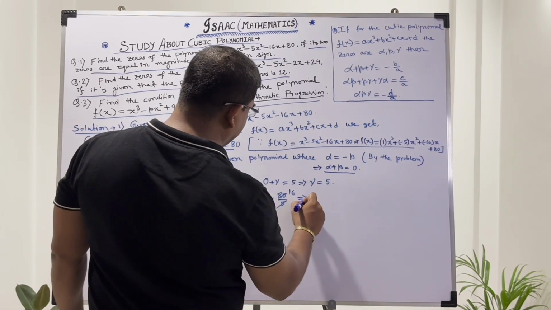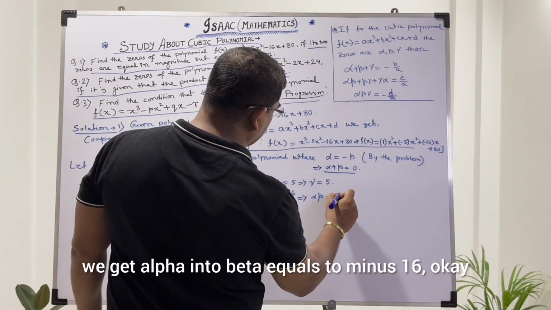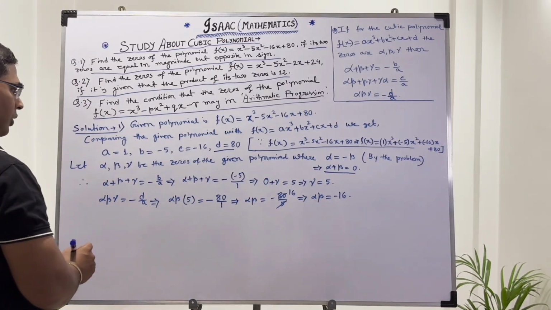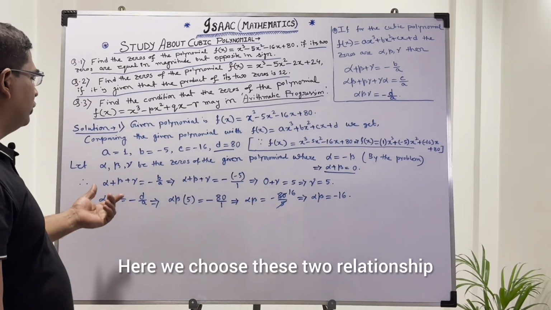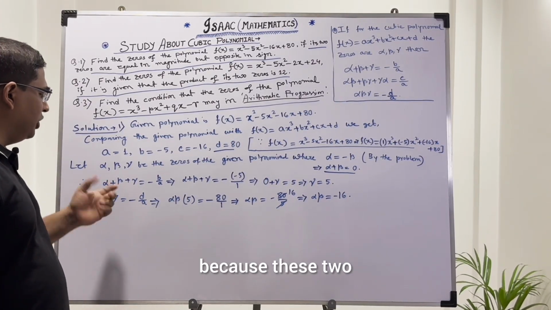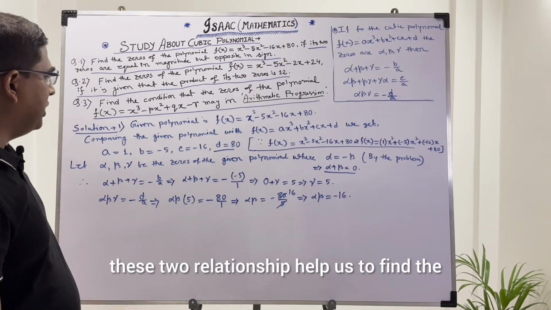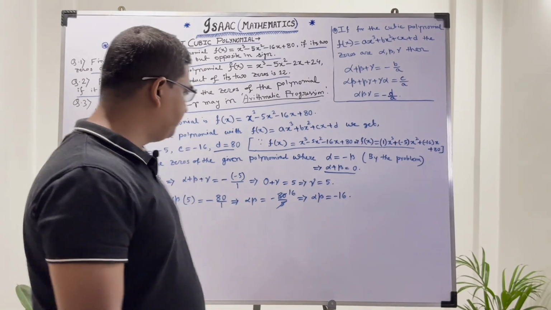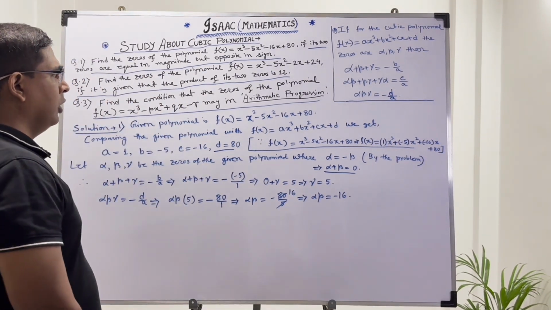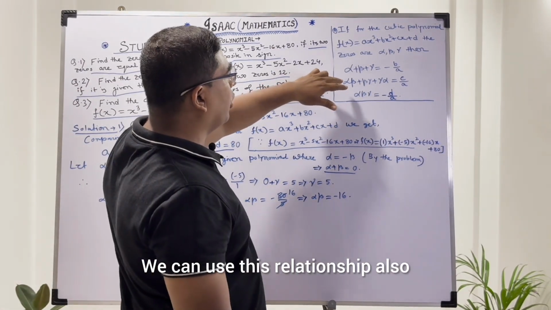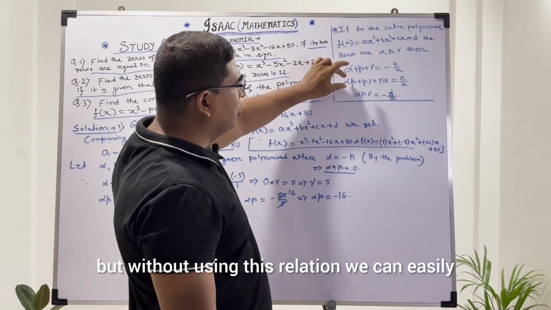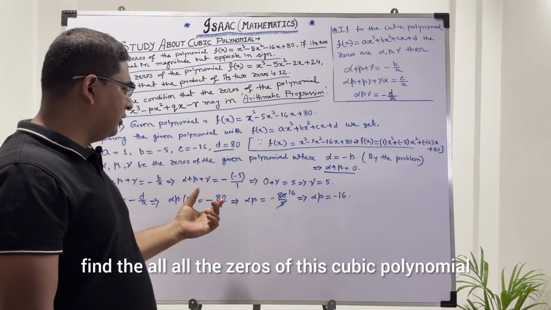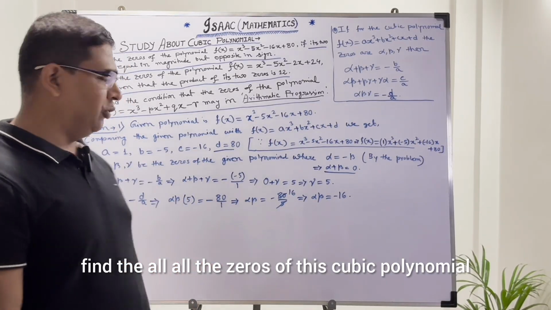Cancelling 80 and 5, we get alpha into beta equals minus 16. Here we choose these two relationships, because these two relationships help us to find the zeros of this polynomial. We can use the other relationship also, but without using it, we can easily find all the zeros of this cubic polynomial.